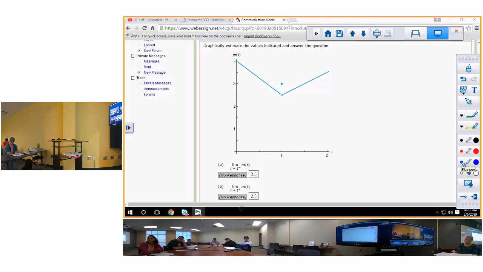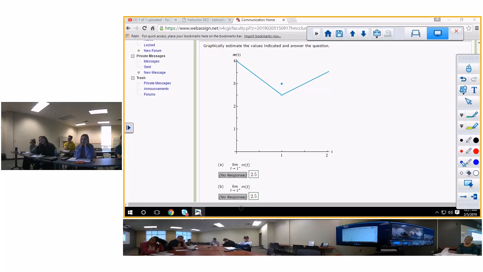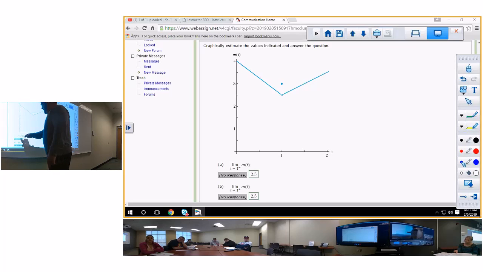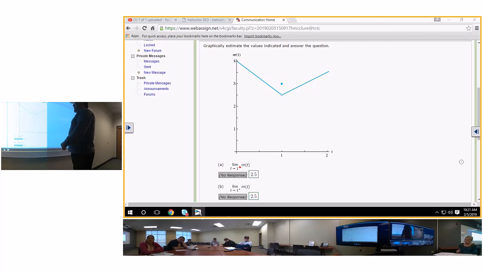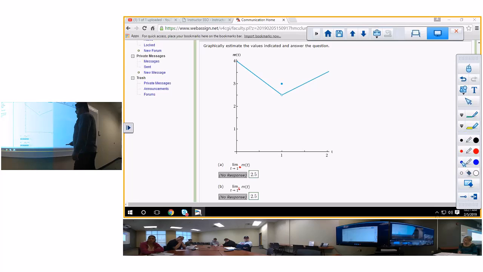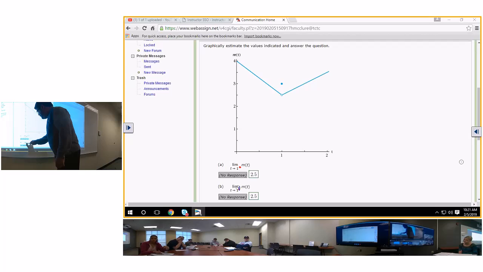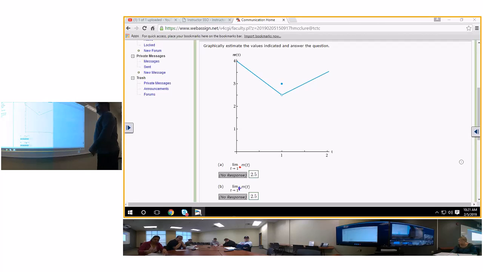When you see this function right here, that negative means that I'm approaching x equal to 1 from the left. This one says I'm approaching x equal to 1 from the right. So we'll say left is red and right is blue. Is everybody with me? That's a plus.